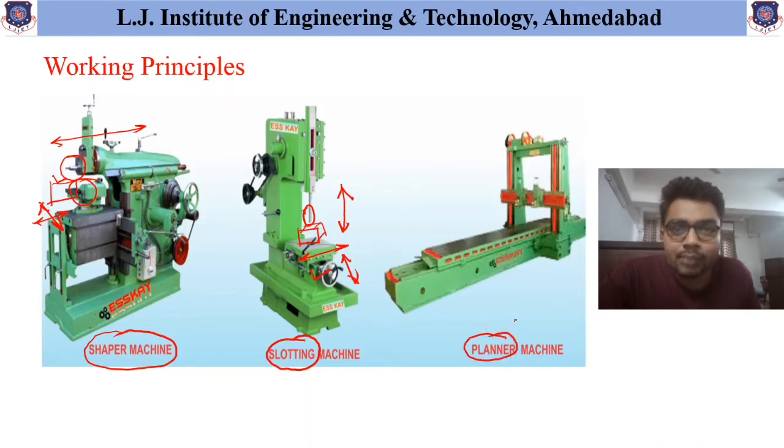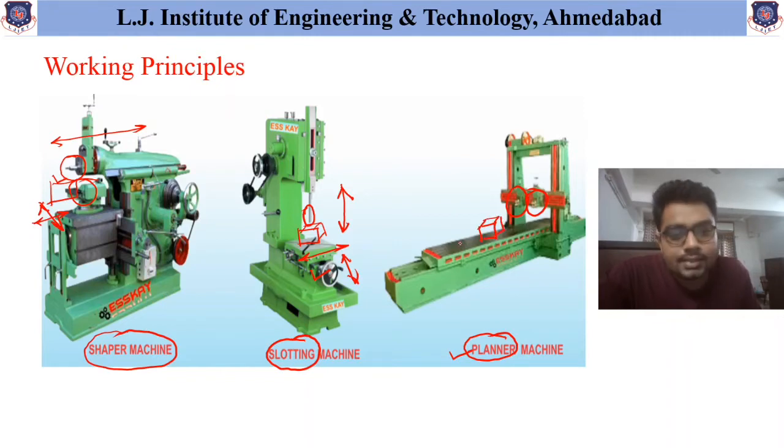Now the third machine is the planer machine, and in the case of the planer machine, as you can see simply from this figure, at this particular point the tool is available and the workpiece is set over this particular table.